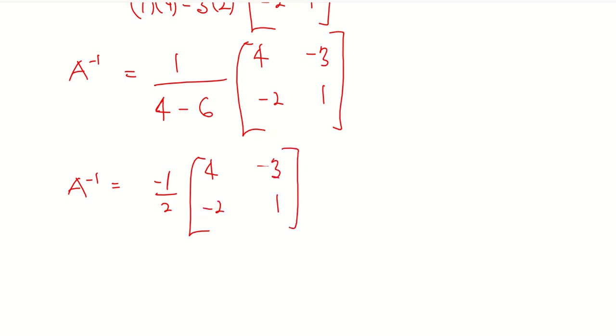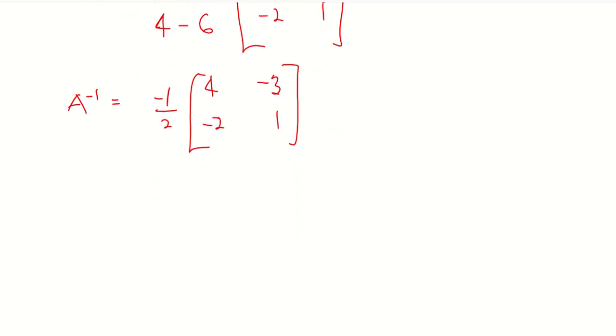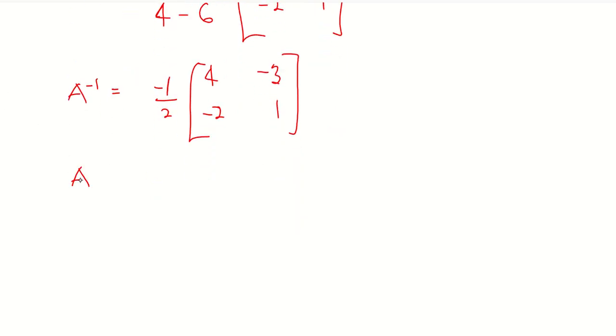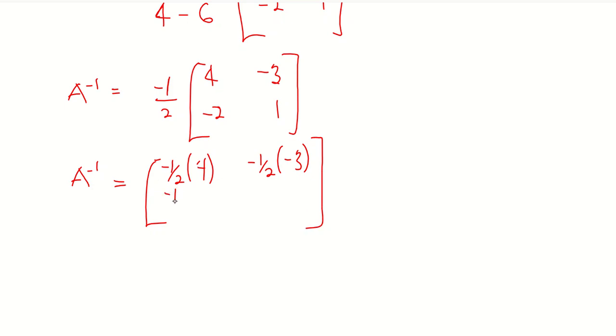Now we continue, and we are just going to multiply the scalar, that is negative 1 out of 2, by the matrix, and now we have minus half by 4 and minus half by minus 3, and we have minus half by minus 2, and we have minus half by 1, and it continues.